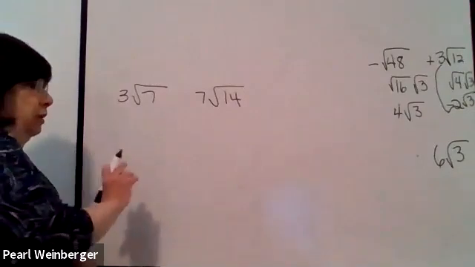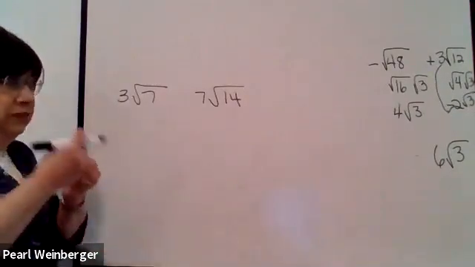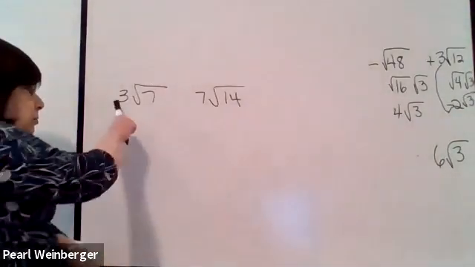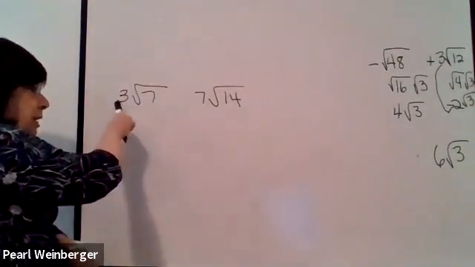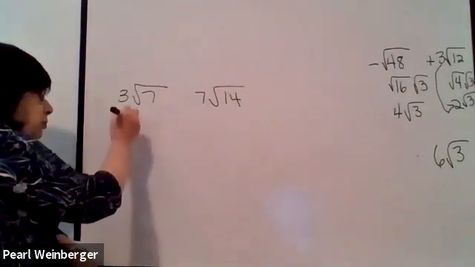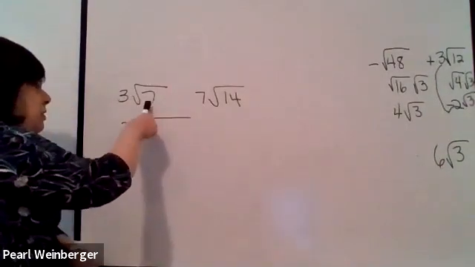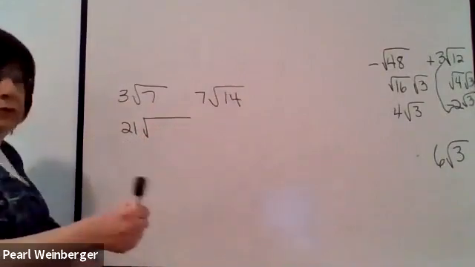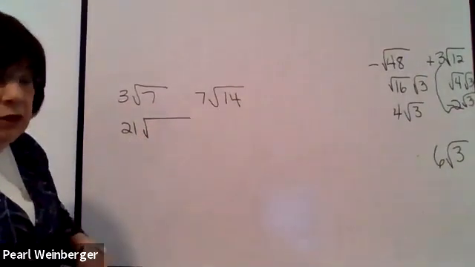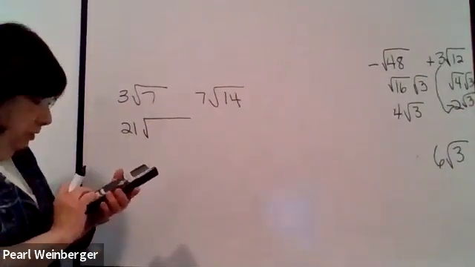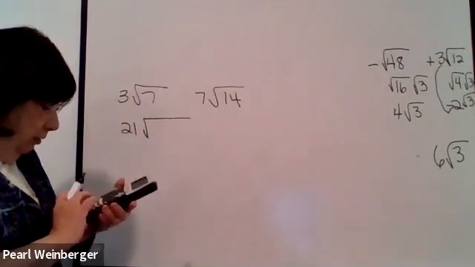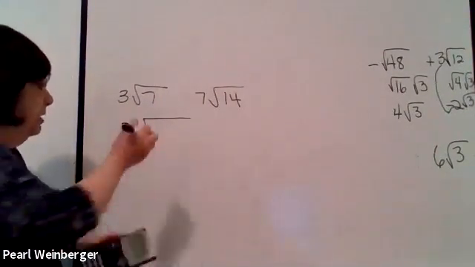What is the rule for multiplication? Well, I sort of said it already. You take the numbers that are outside the radicals and multiply them together. So 3 times 7 is 21. And then you take the numbers that are inside the radicals and you multiply those together. So 7 times 14, I'm going to do on my calculator, gives me 98.